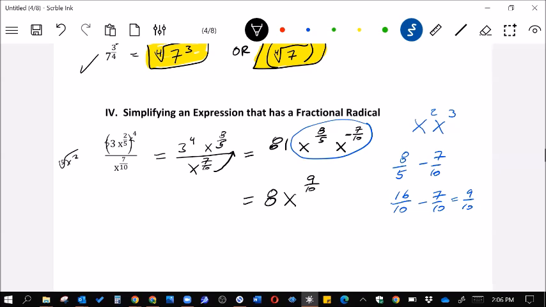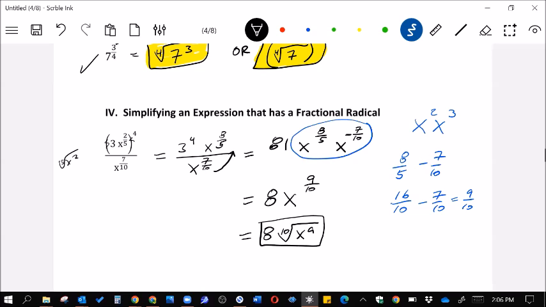And then I can rewrite that depending upon what I'm asked to do. I've simplified it here. I can go one step further. The 10th root of x to the 9th.